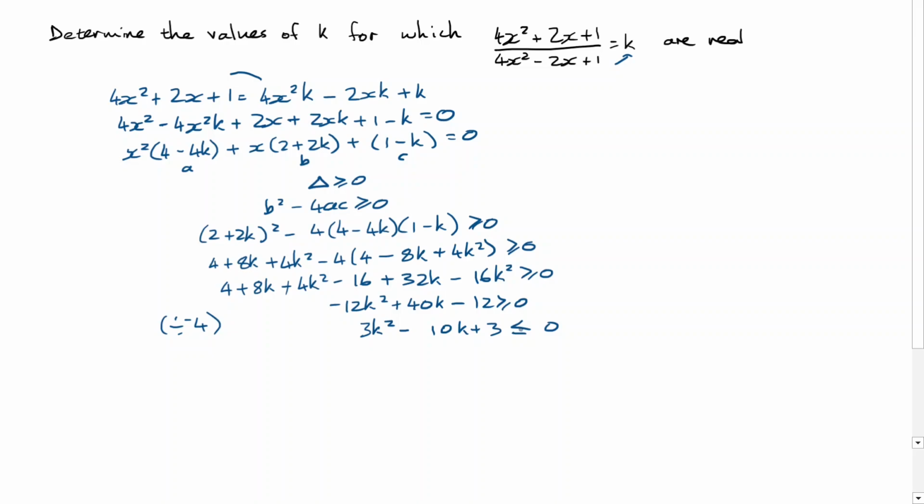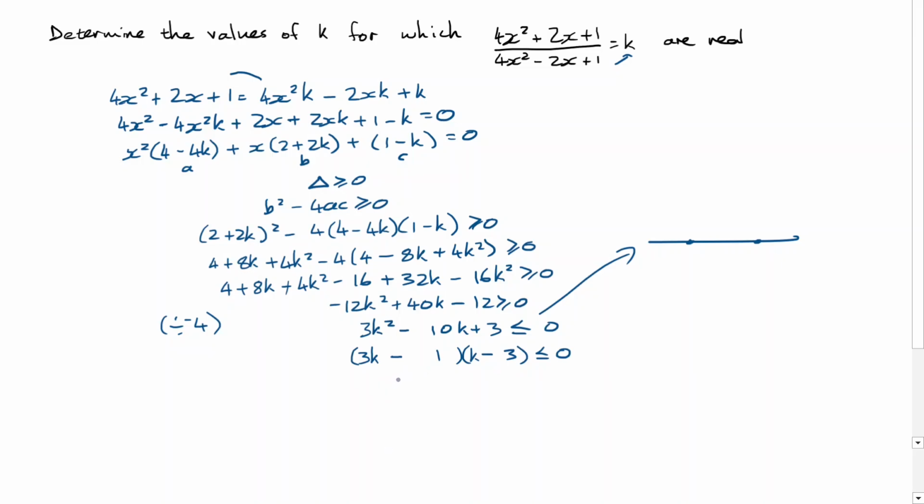This is going to use extra knowledge now of inequalities, and so whenever I've got an inequality, I know that I must always draw a number line. And so I factorize this, and I get 3k and k. It ends in a plus, so the signs will be the same as the middle term, and I get 1 and 3. The answer that comes out of here is positive 3. The answer that comes out of here is 1 over 3.